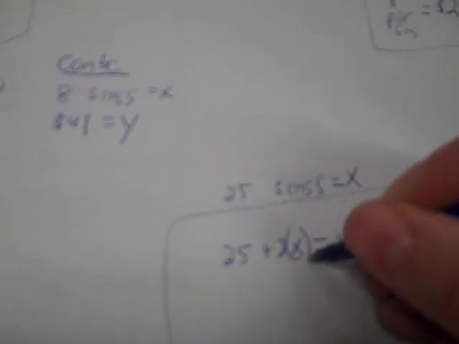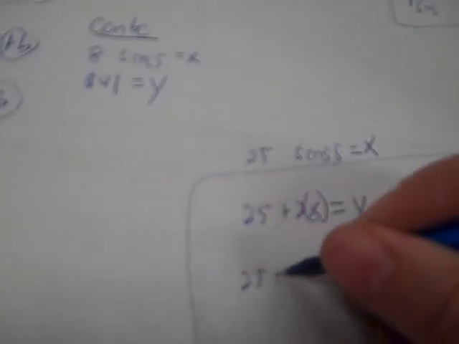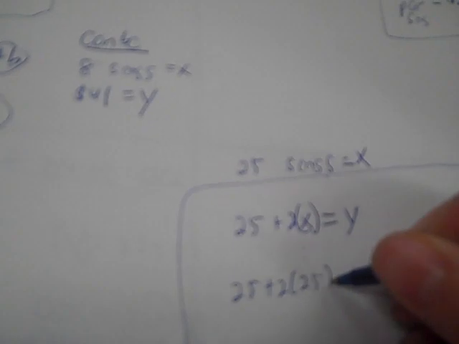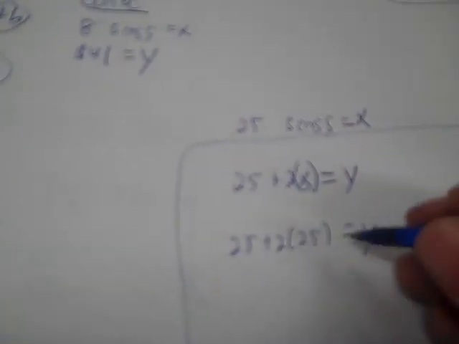Okay, so now that equation's ready to roll. We pay $25 plus $2 per song equals a new amount of money. So 25 songs is what they're asking me about. It's songs, so it goes in for the X variable, which is right here. 25 plus 2 times 25 equals Y. Now Y has no operations I have to undo.